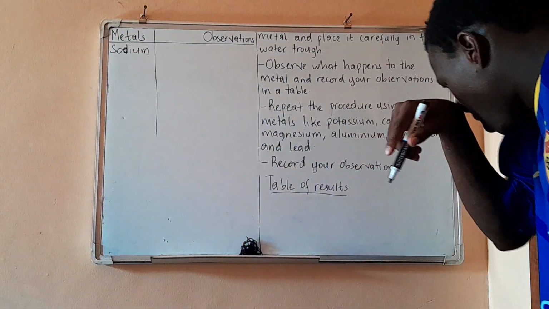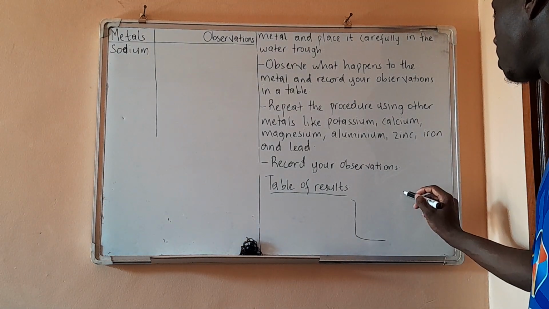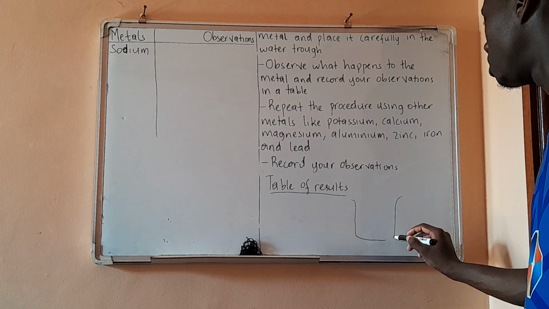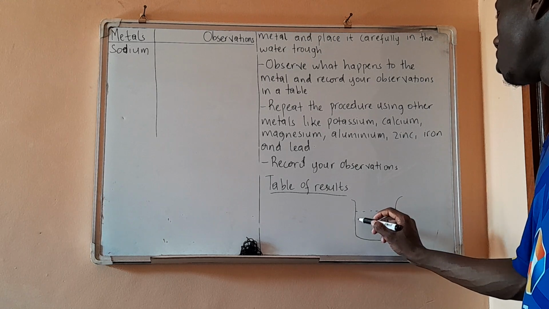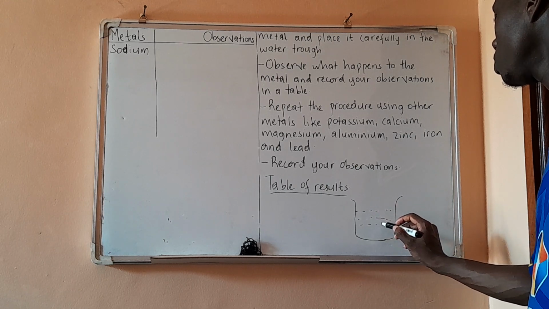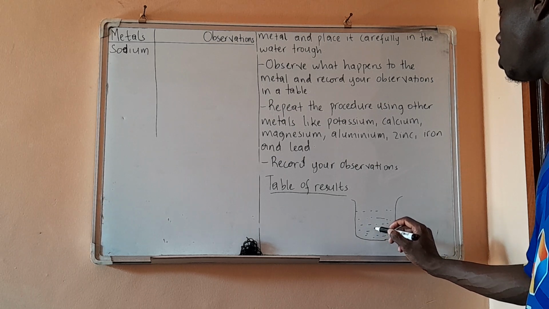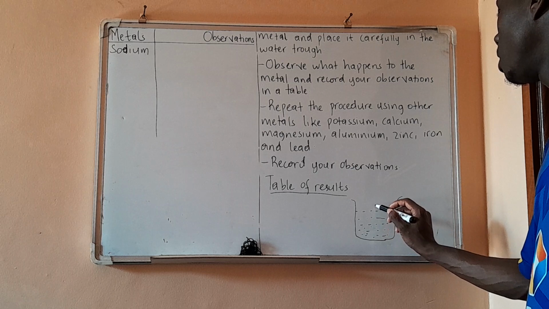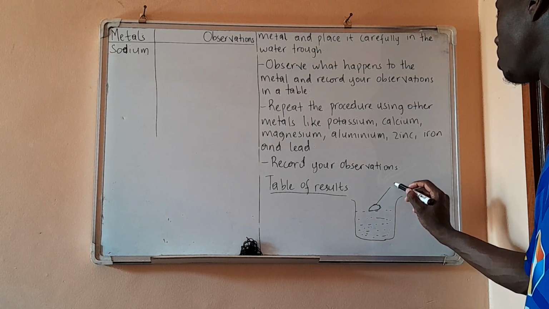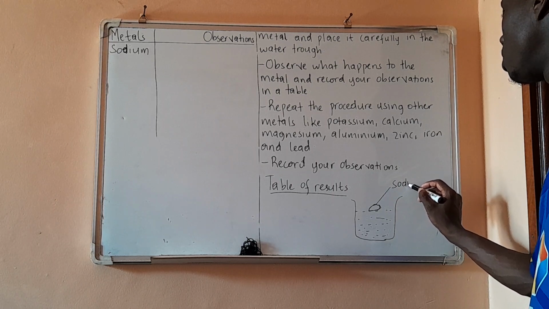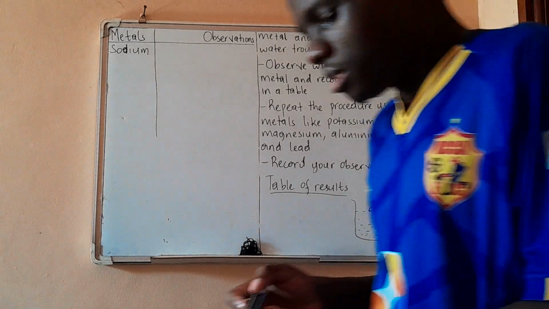So we have a water trough. Now in this water trough, we are going to carefully drop in a piece of sodium. You just drop it inside using a pair of tongs.